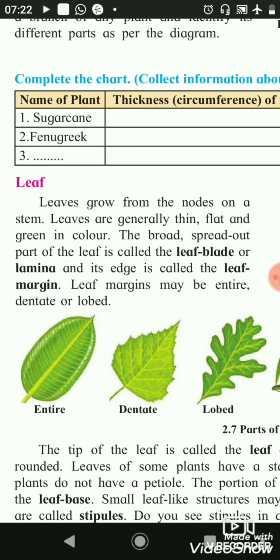The broad spread out part of the leaf is called the leaf blade. When you keep a leaf on your palm and touch its upper surface, that surface of the leaf is called the leaf blade or lamina, and its edge is called the leaf margin.